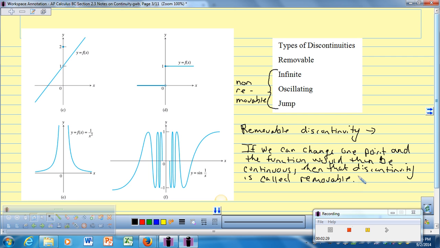So the basic idea for a removable discontinuity is something like a hole.